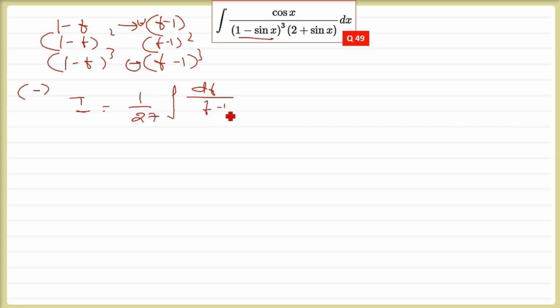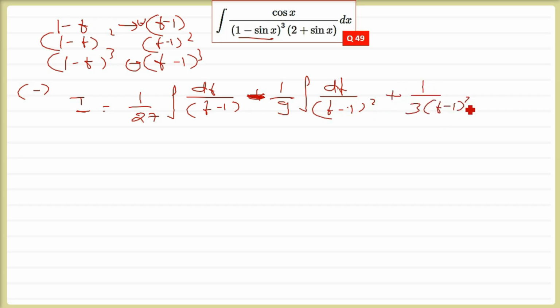Alright, so 1 by 27 dt divided by t minus 1 now, and I will multiply them later with negative. So 1 by 9 integration of dt, this is negative 1 by 9 dt divided by t minus 1 whole square. Then the third one will be 1 by 3 t minus 1 whole cube, and this will be negative 1 by 27.